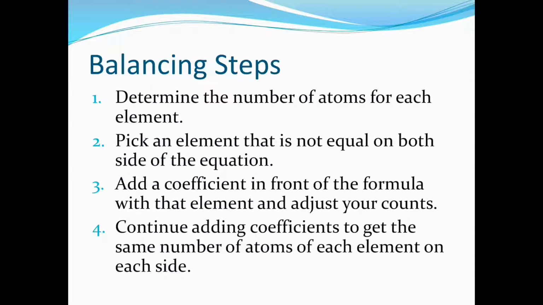Then you're going to add coefficients in front of the formula that has that element and adjust your counts for your balancing setup. Then finally, you're going to continue adding, changing, tweaking coefficients in order to get the same number of atoms for all of the elements on both sides of the chemical equation.